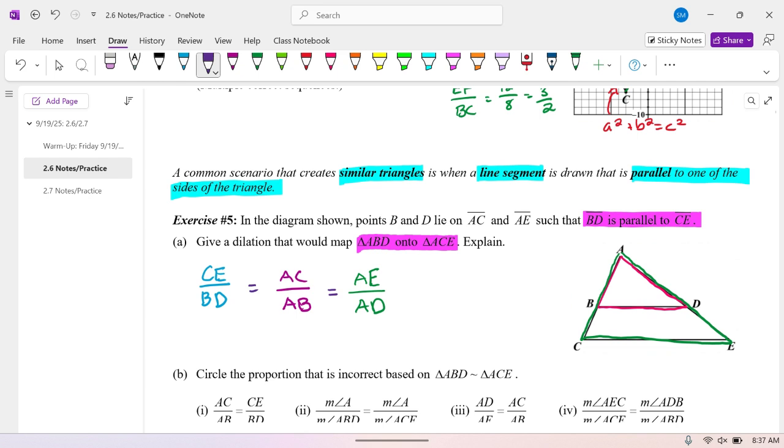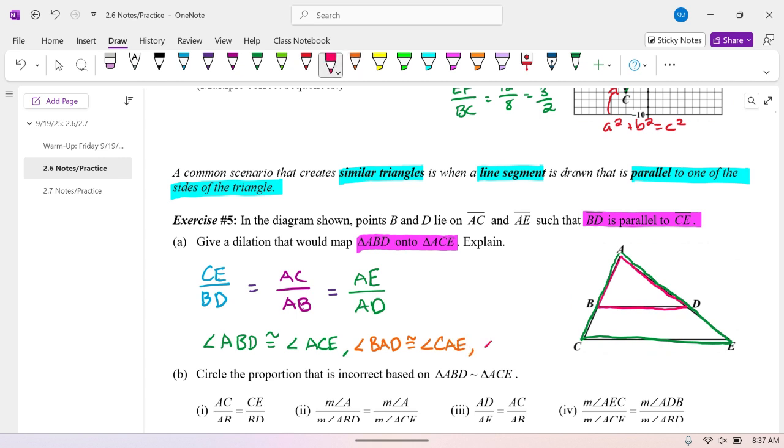Now, the other part of similarity is that you would need the angles to be congruent. So angle ABD would have to be congruent to angle ACE. Angle BAD would have to be congruent to angle CAE.